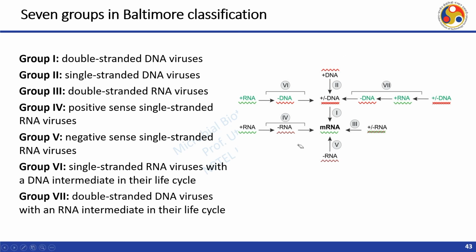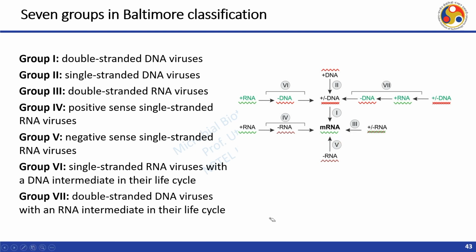Then group 3, double stranded RNA viruses. Then group 4, positive sense single stranded RNA viruses, and then group 5, which is negative sense RNA viruses.